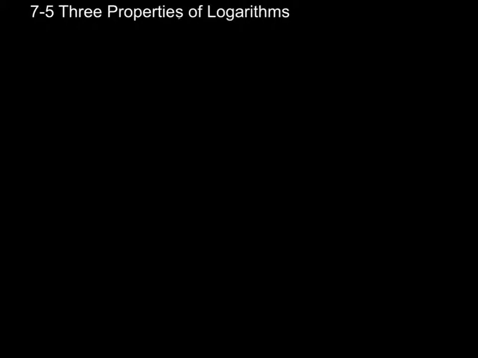So the first of the three properties is called the product property. And I think we all know that product is math talk for multiply, so it shouldn't surprise you that this property has some multiplication in it. And here's what the property says.